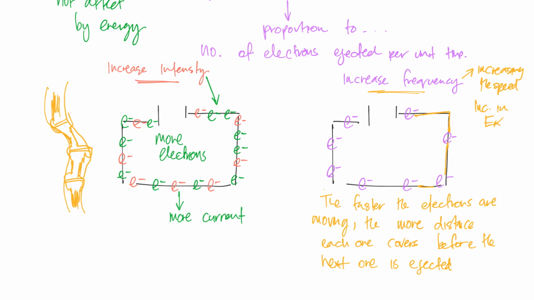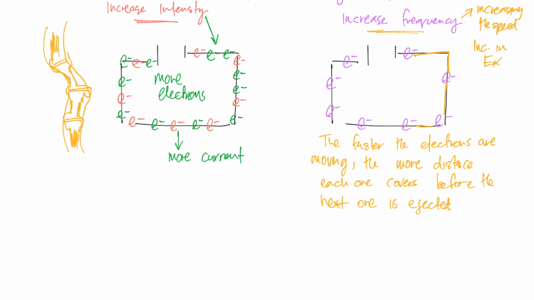Which means that all it means is that the electrons are more spread out. And if they're more spread out, then you're going to get a constant rate of flow.